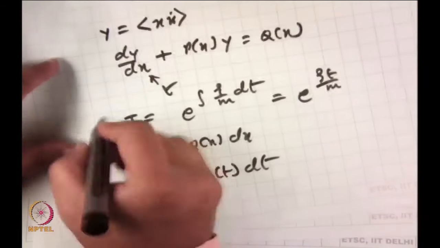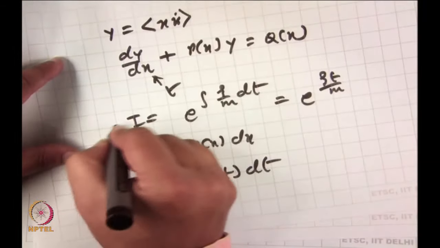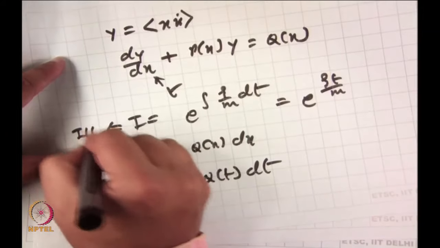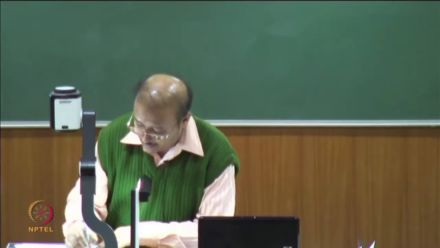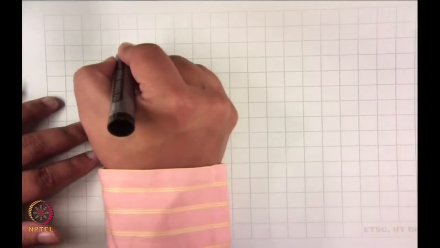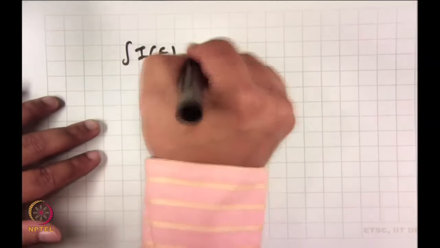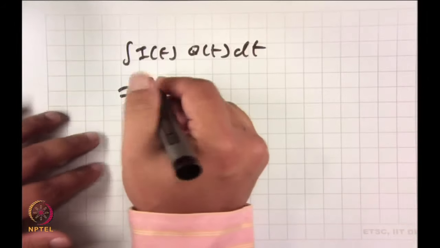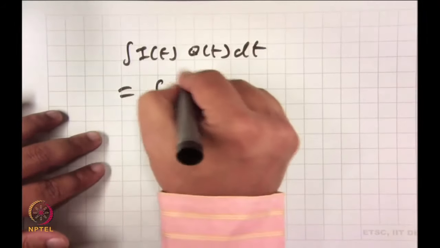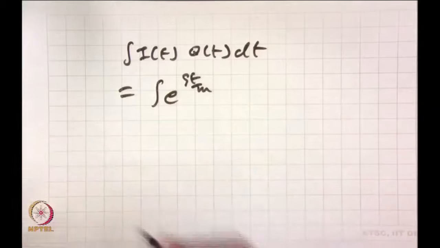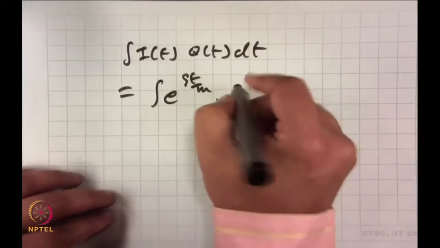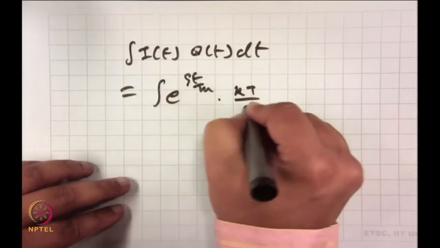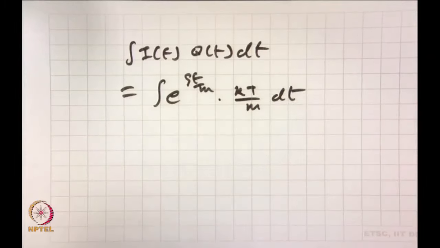This is essentially I of t because my variable is t out here. Then I of t q of t d of t is equal to, the first one is what? E to the power xi t over m, and what is the next one? K t over m d of t.